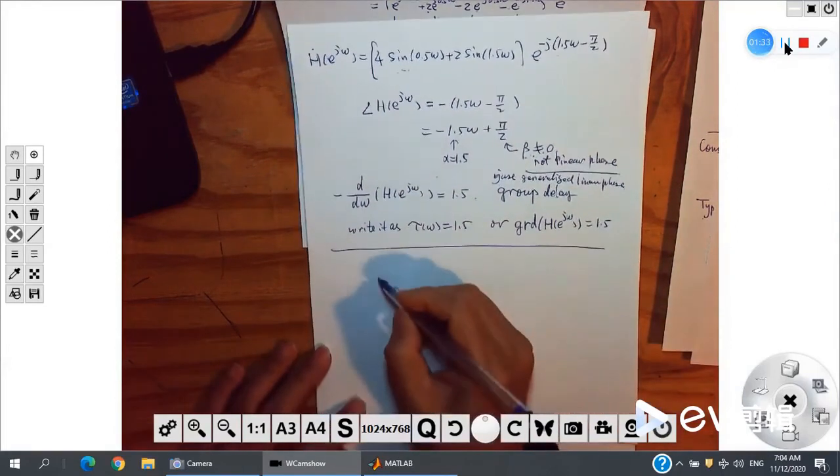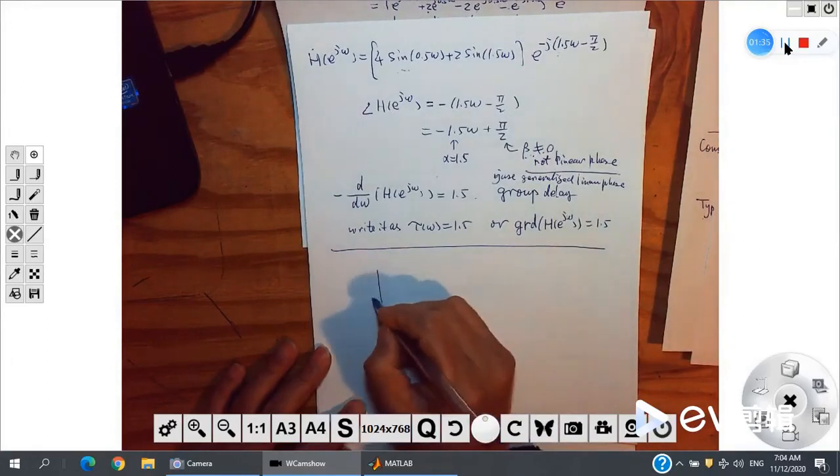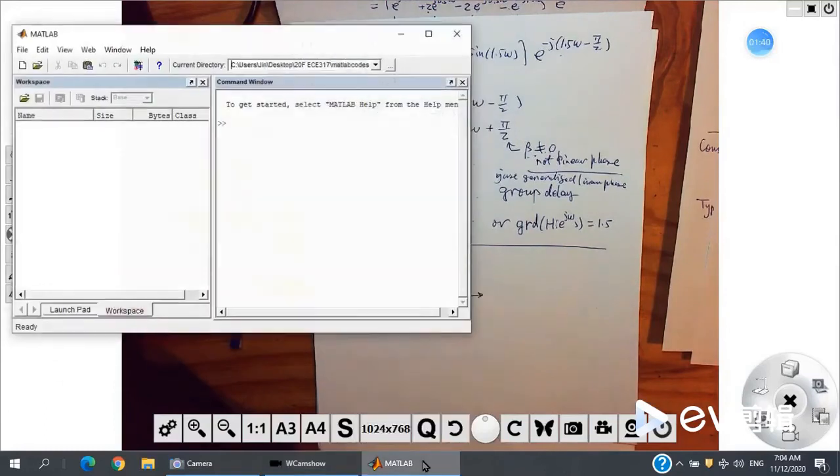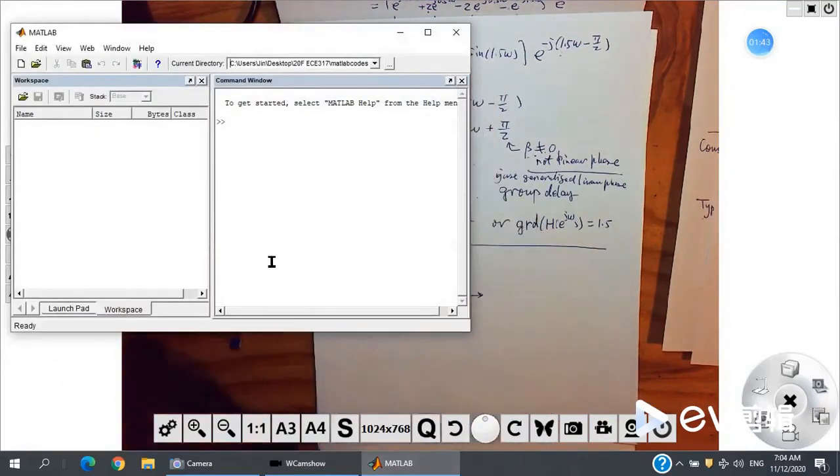We can see how the phase looks like. Yeah, we need a computer to do it. You should know it is sometimes positive, sometimes negative. Let omega be just from 0 to pi. Then we have H in omega.